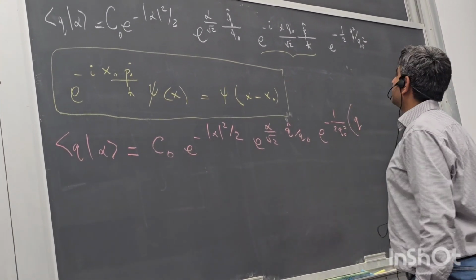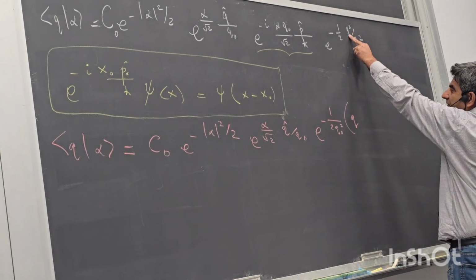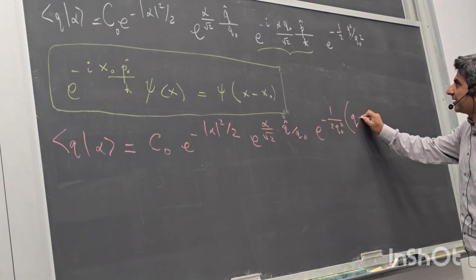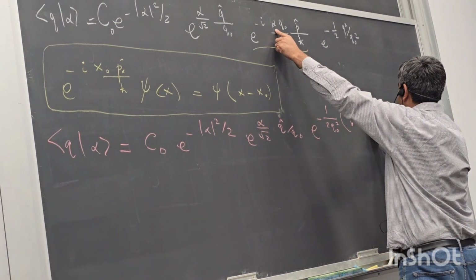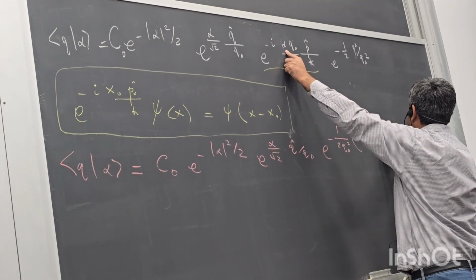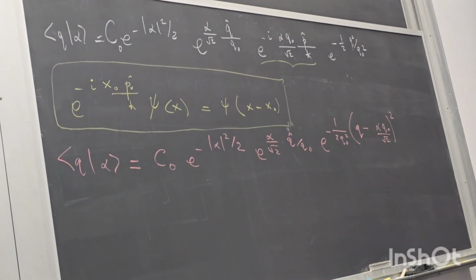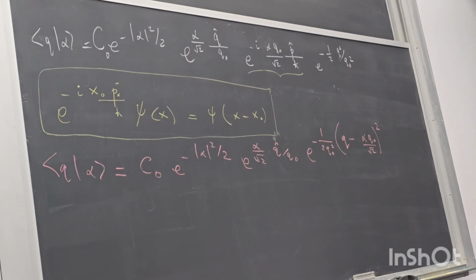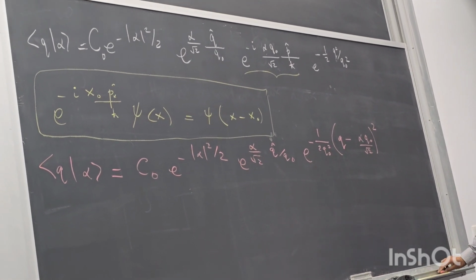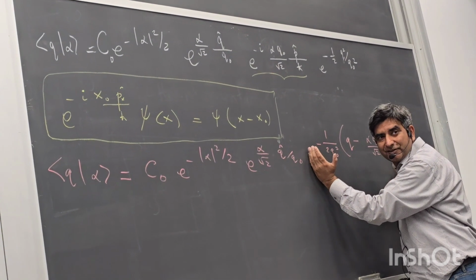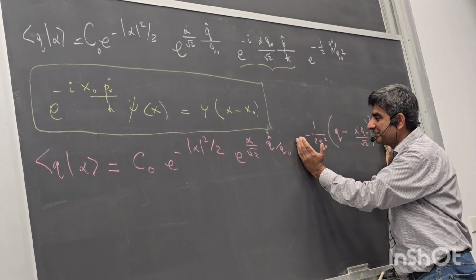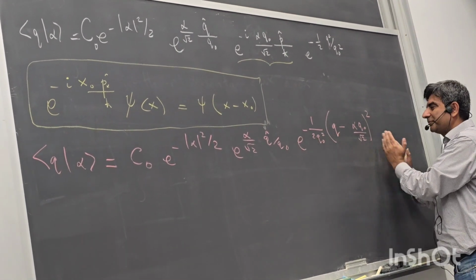This q is now to be translated. This is a position variable. It has to be translated by alpha q naught over under root 2, and squared, of course. So this is also a Gaussian wave function.